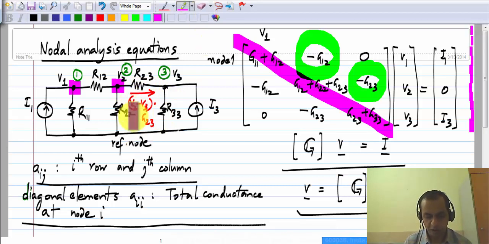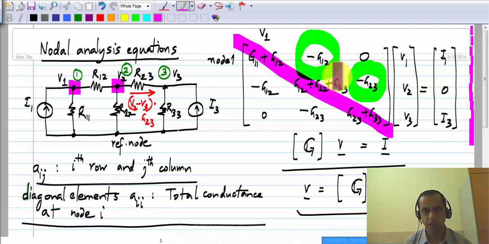Okay, so obviously we will have V2 times G23 that appears in the diagonal, and then minus V3 times G23, and this happens for every node. Okay, so if you look at any off diagonal term, it will have basically negative of the conductance connected to that node. Okay, and that's exactly what we have.